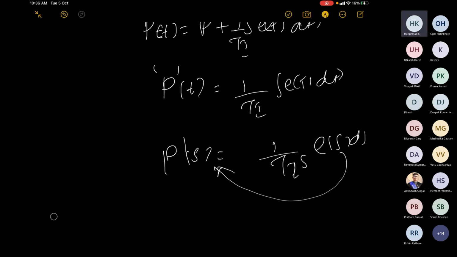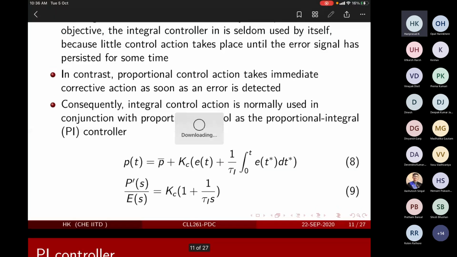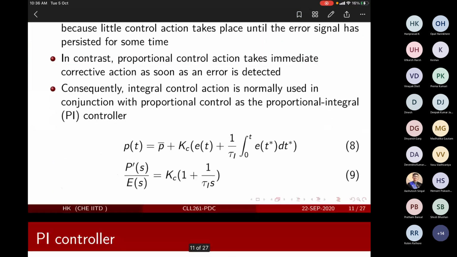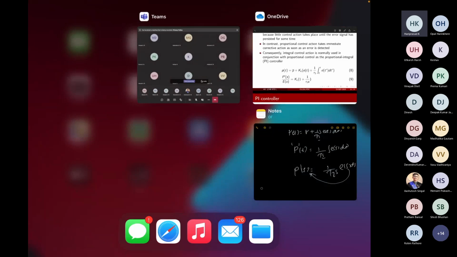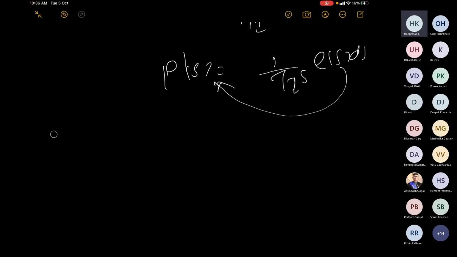So P of s by E of s would be 1 by tau I s. This is the term.